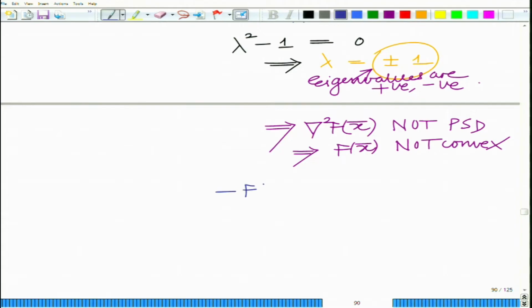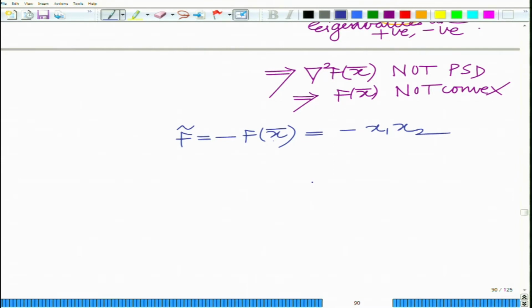For that, consider f tilde equals minus f of x bar. Remember, f of x is concave if minus f of x is convex. So, we consider minus x1 x2. Now, the Hessian of f tilde is simply minus the Hessian of f of x bar. So, this will be 0 minus 1, minus 1 0.